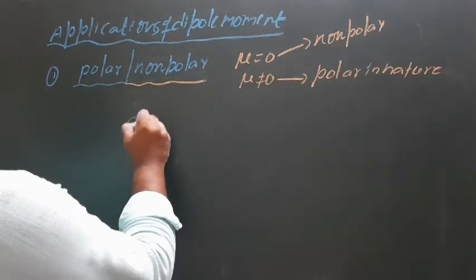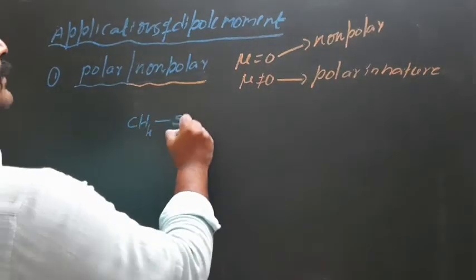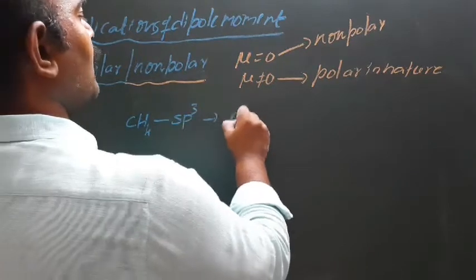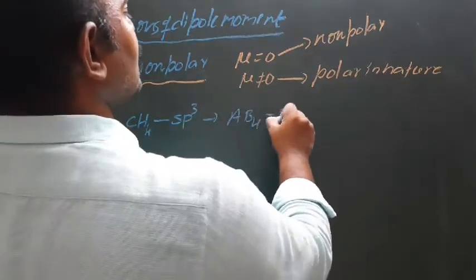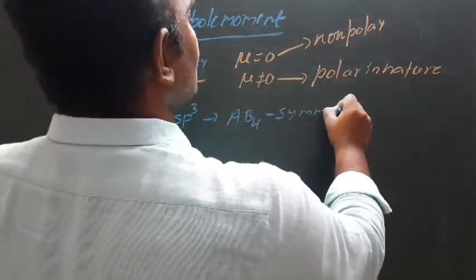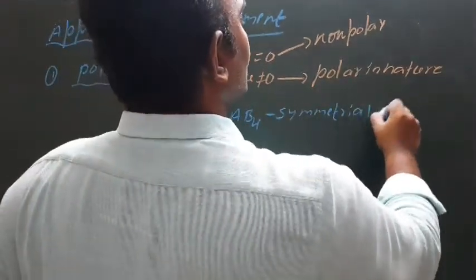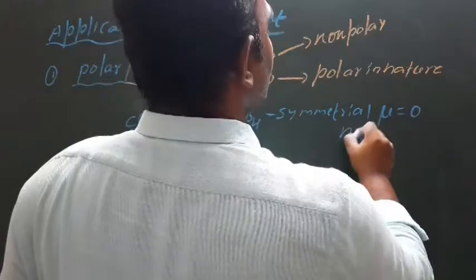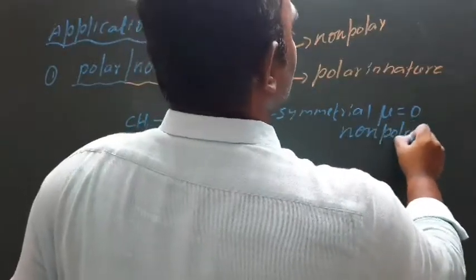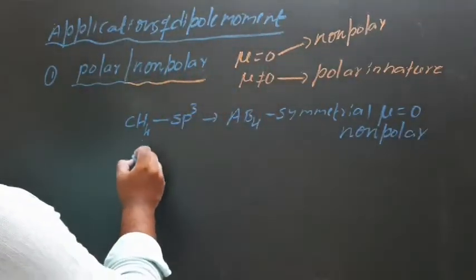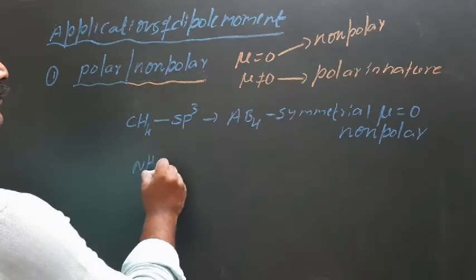Suppose see the example here, CH4. What is the hybridization? sp3. It is an AB4 type molecule. Symmetrical, no lone pairs and all surrounded atoms are the same. Then the dipole moment is equal to 0, so it is non-polar in nature. Now see the example here, the ammonia molecule.